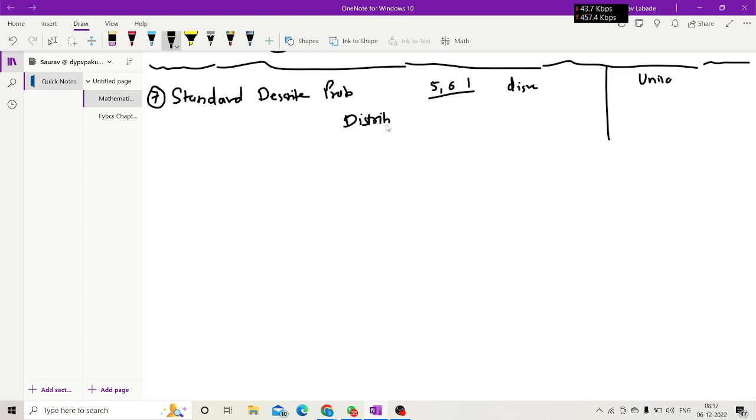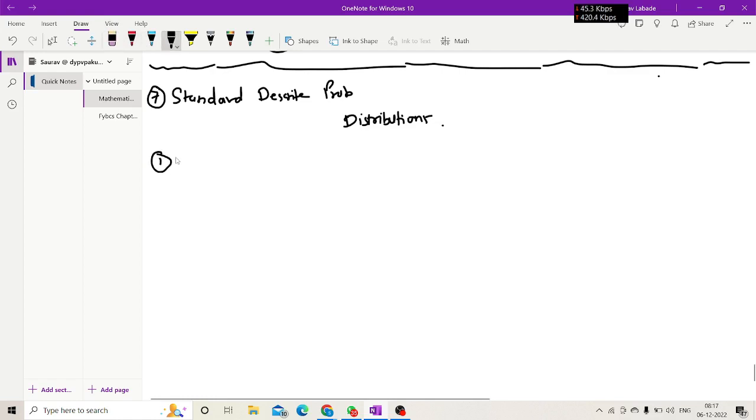What are those distributions? My first standard discrete distribution in this chapter is the uniform distribution. We have to discuss the uniform distribution.